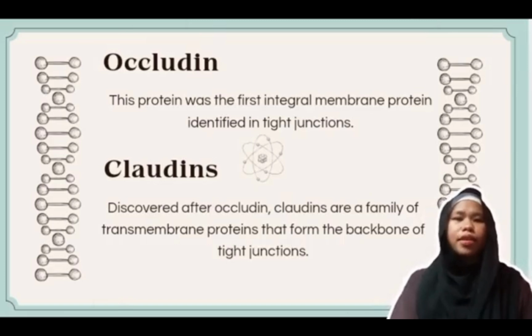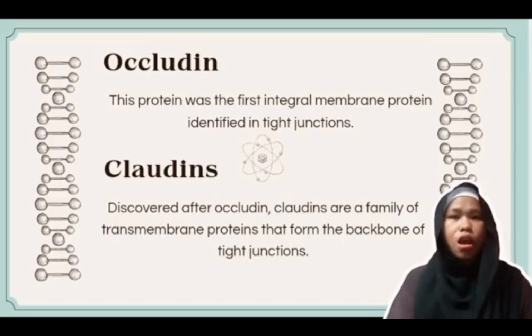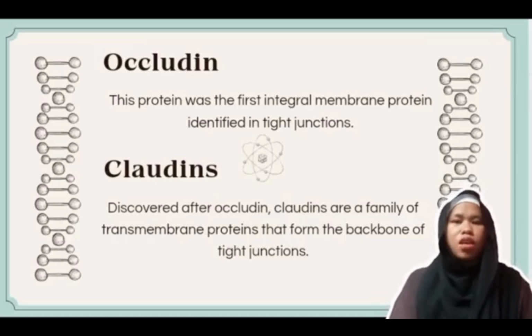On the other hand, claudins were discovered after occludin. Claudins are a family of transmembrane proteins that form the backbone of tight junctions. They are responsible for the barrier function and the selective permeability of the junction.